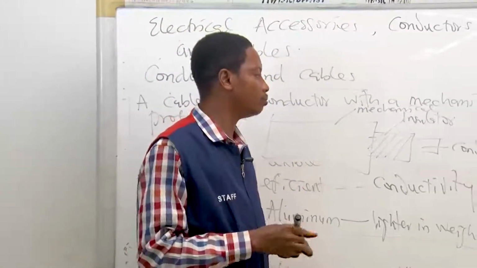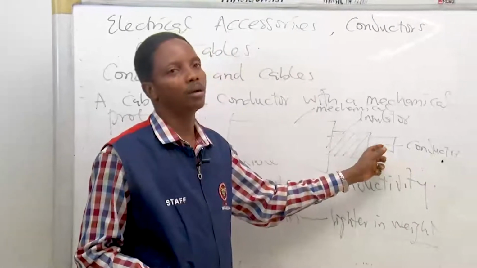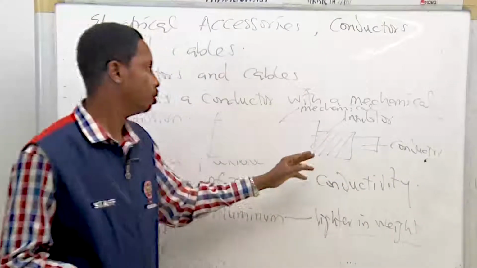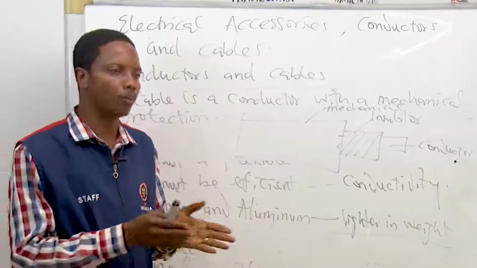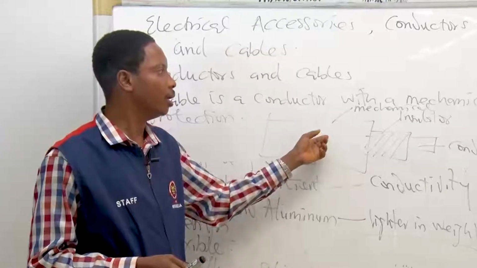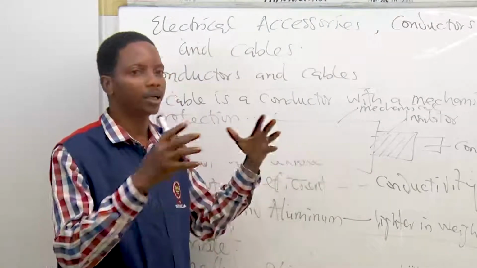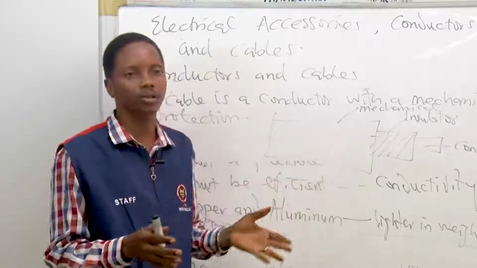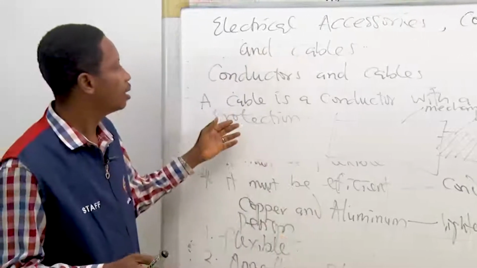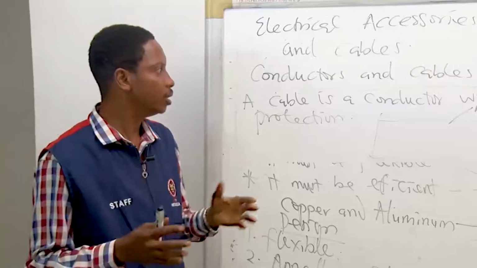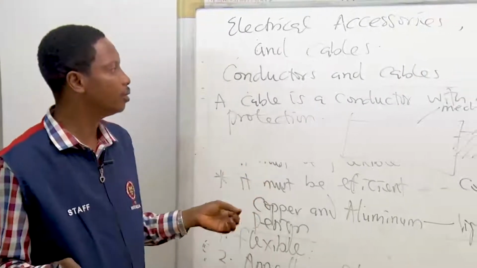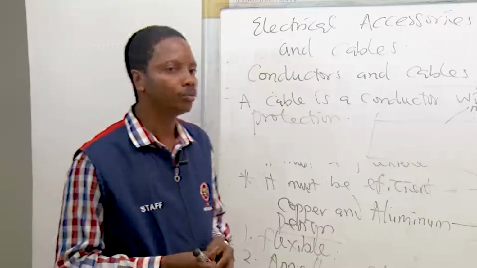The conductor can be copper or aluminum. The insulator can be PVC, can be rubber. And then we have the mechanical protection, another insulator. So that's the definition of a cable. A cable is a conductor with a mechanical protection.